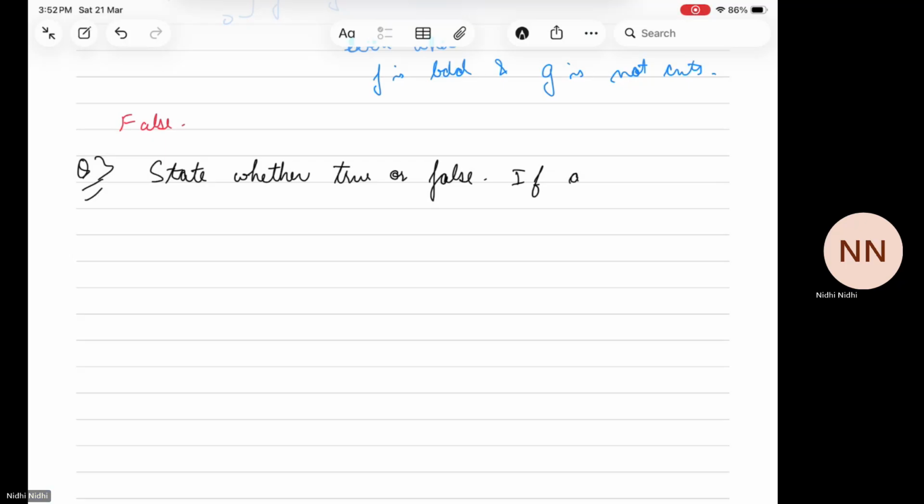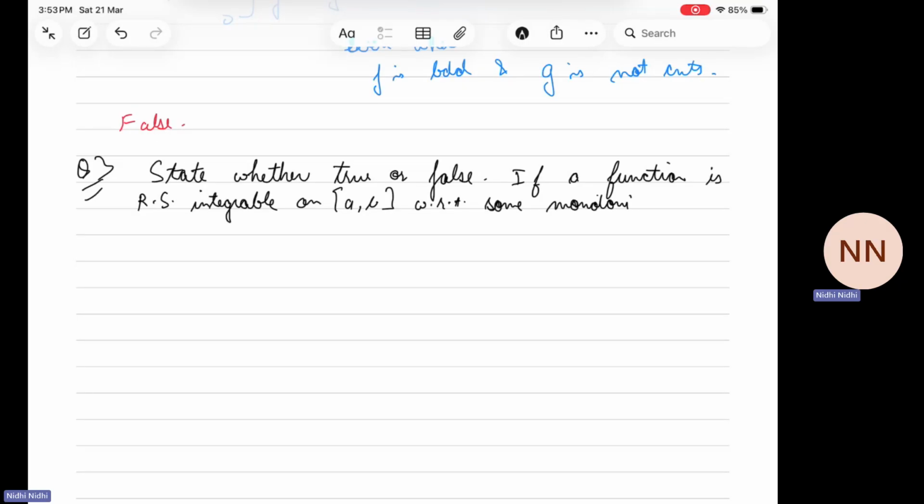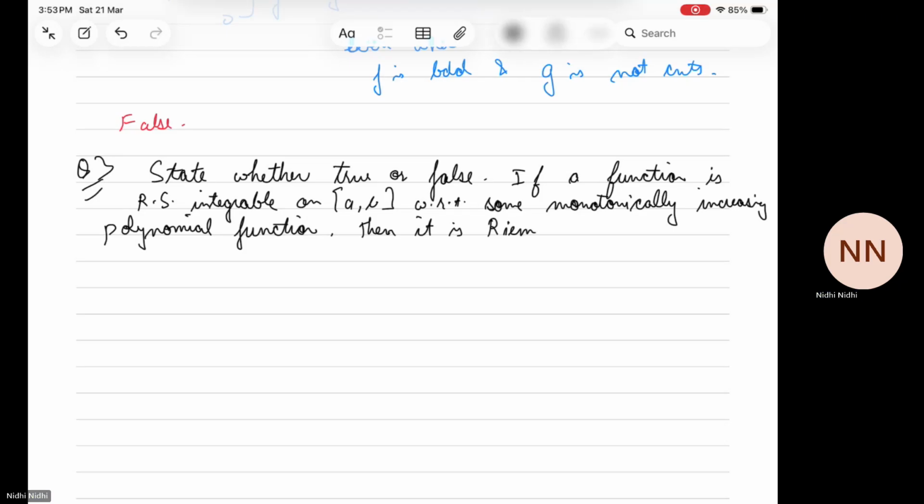If a function is RS integrable on the closed interval a to b with respect to some monotonically increasing function, and the function that we are taking is specifically a polynomial, then it is Riemann integrable as well.